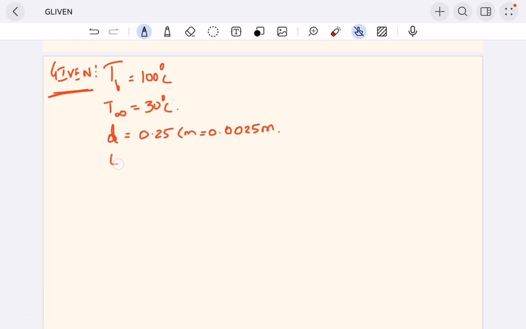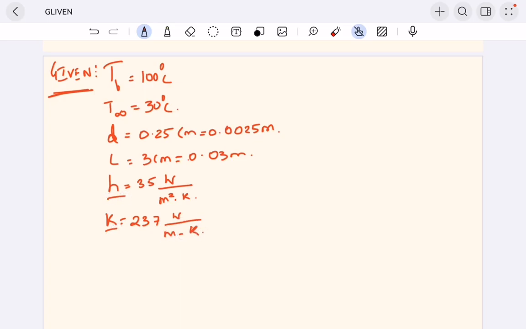Length of the fin is 3 centimeter or 0.03 meter. Heat transfer coefficient is 35 watts per meter square Kelvin. K is 237 watts per meter Kelvin. This is convection, this is conduction, right?